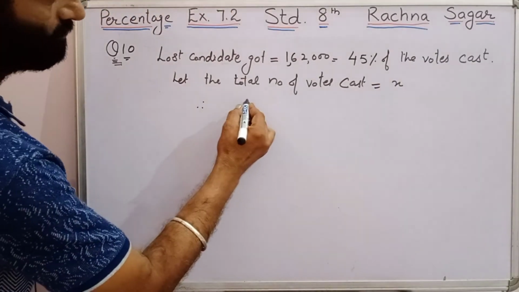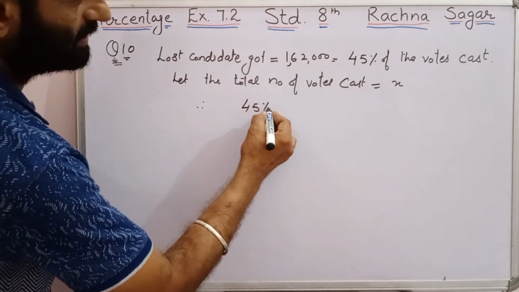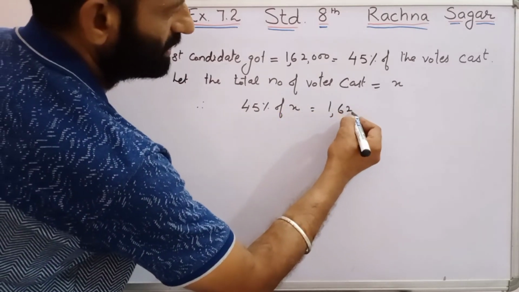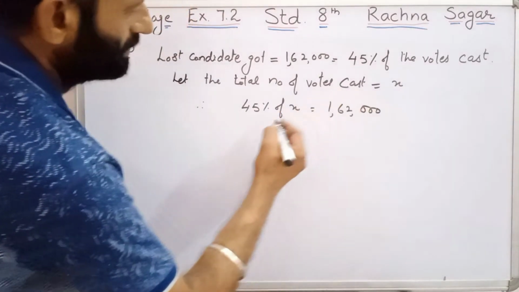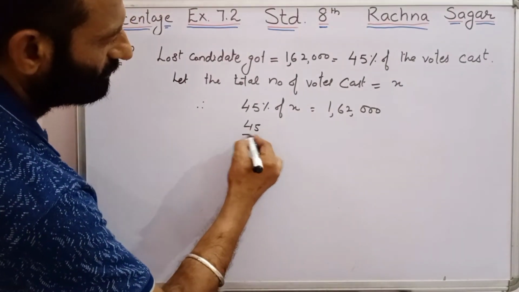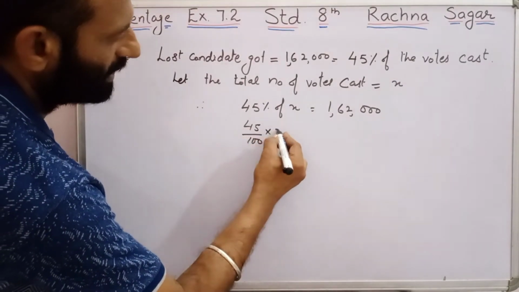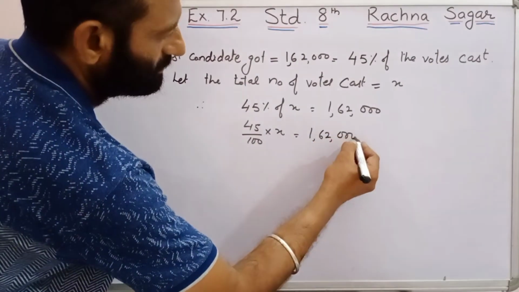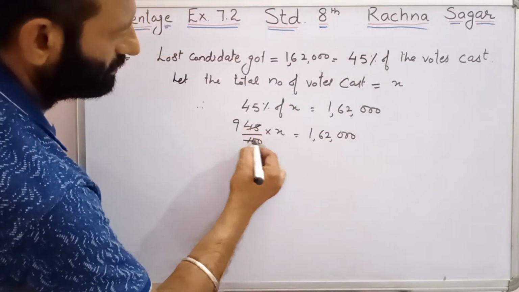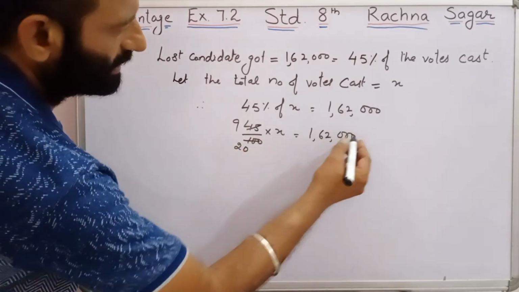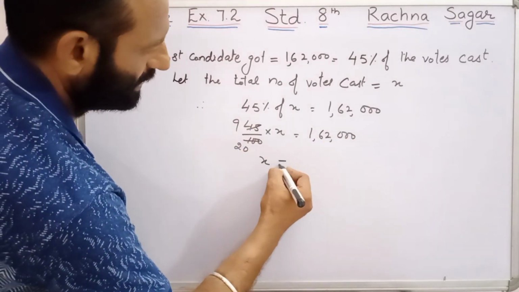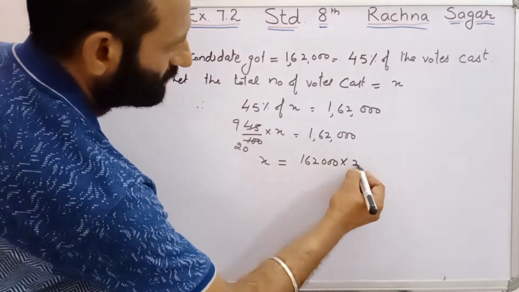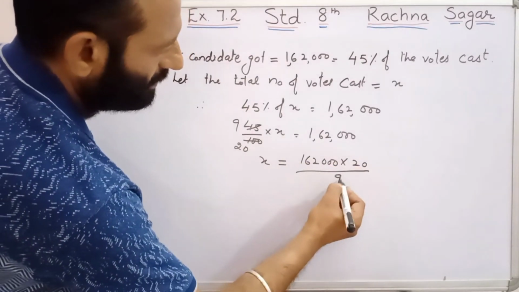Therefore, 45% of x is equal to 1,62,000. 45 over 100 into x is equal to 1,62,000. So 9 over 20x is equal to this, and x is equal to 1,62,000 into 20 over 9.